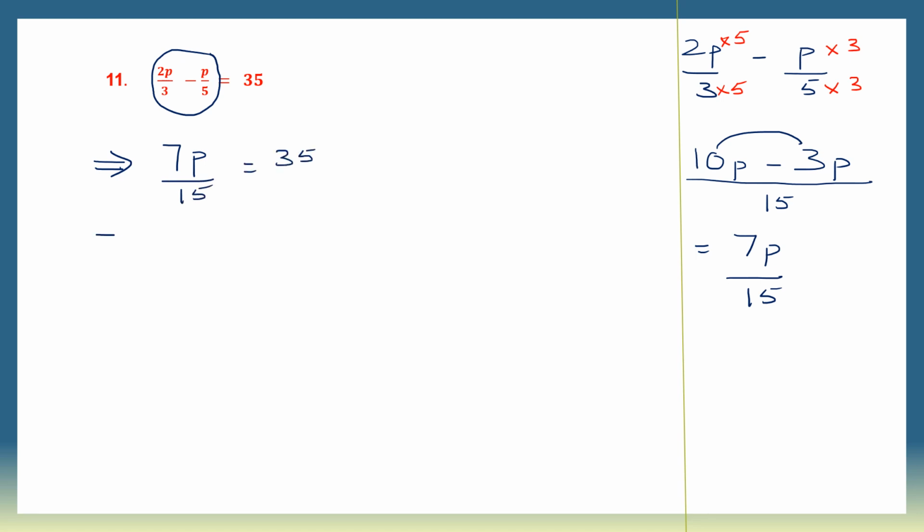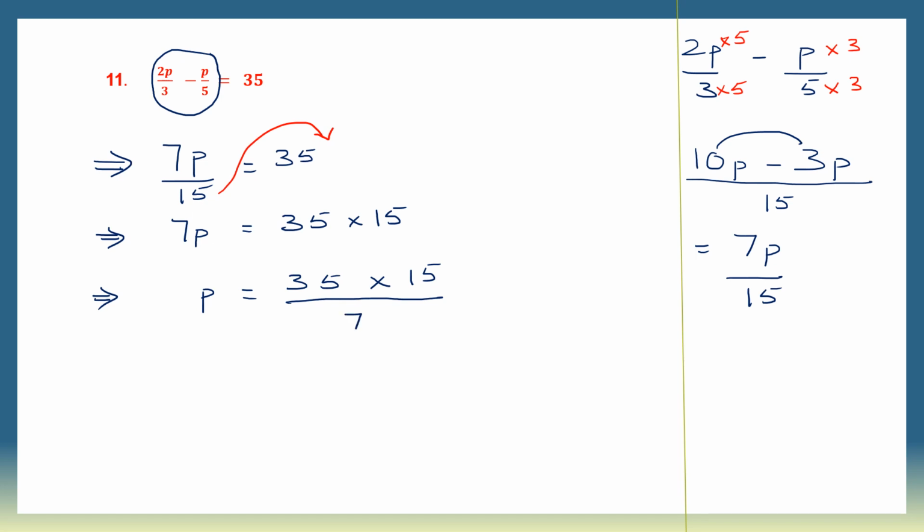So to find first the value of 7p, we say 35 into 15, because we have transposed this 15 to the right hand side. It's division which turned into multiplication. Now to find the value of p alone, we say 35 into 15, no change on the right hand side, divided by 7, because 7 is multiplication here and we have transposed it to the right hand side.